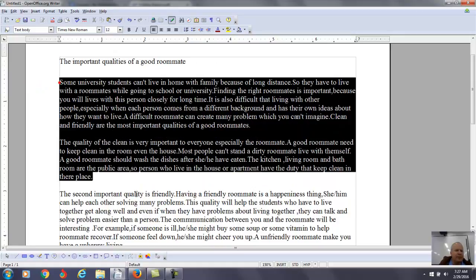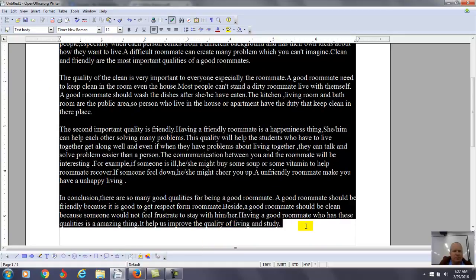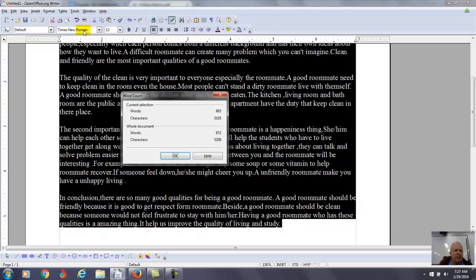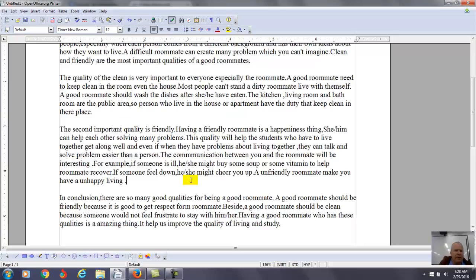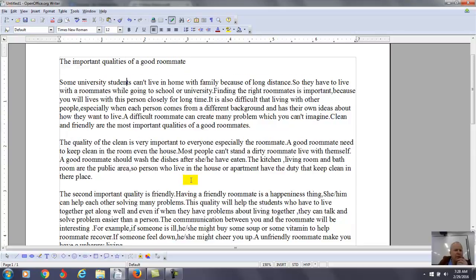First of all, see how many words we have here. So 865 words, that's plenty enough. So you have some university students can't live.